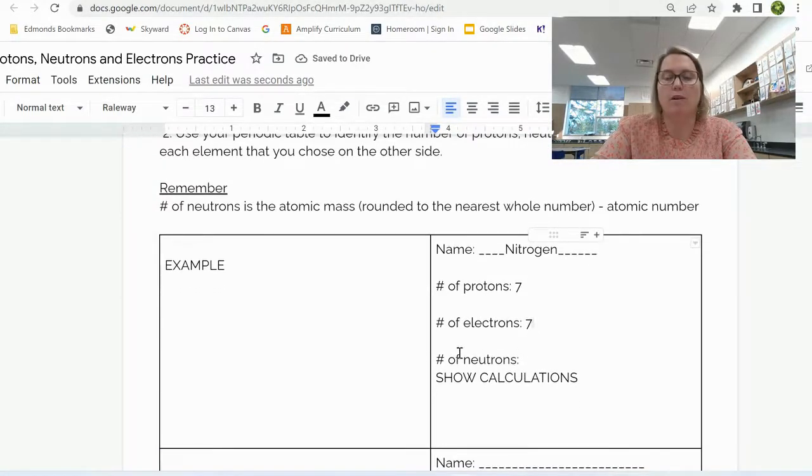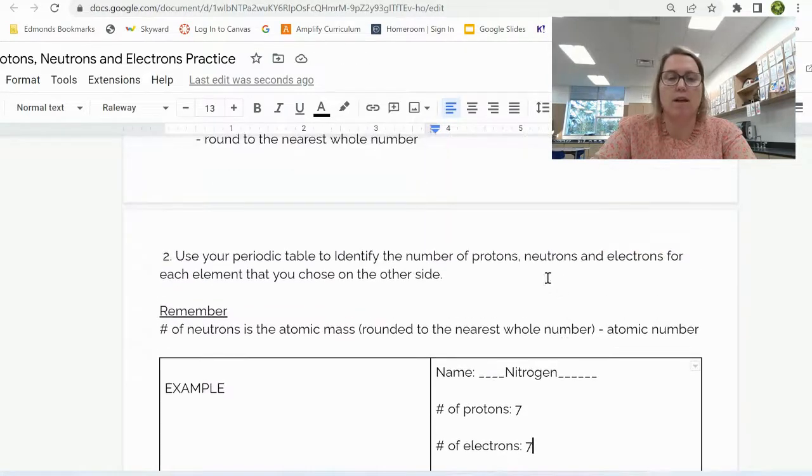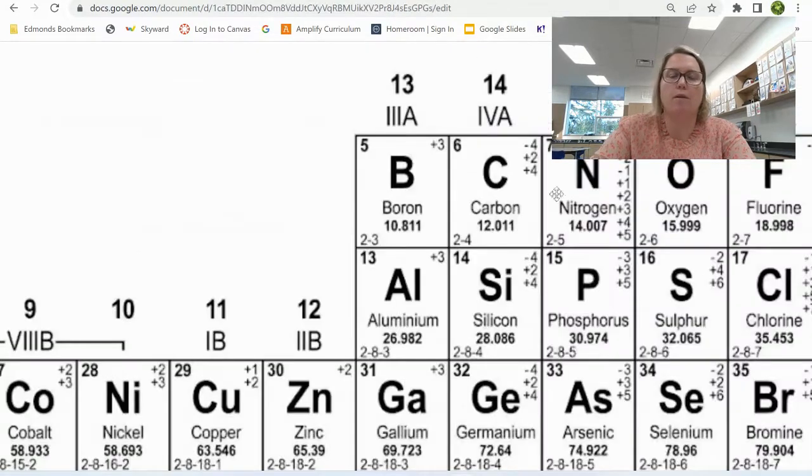Now we have to calculate the number of neutrons. The number of neutrons is the atomic mass, rounded to the nearest whole number, minus the atomic number. The mass number for nitrogen is 14, because 14.007 rounds closest to 14.